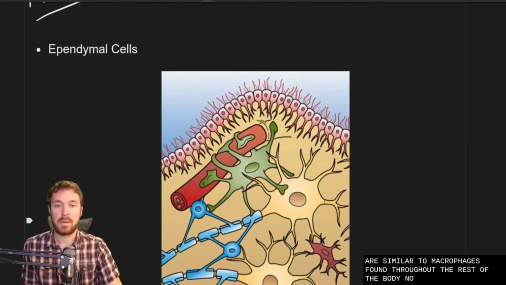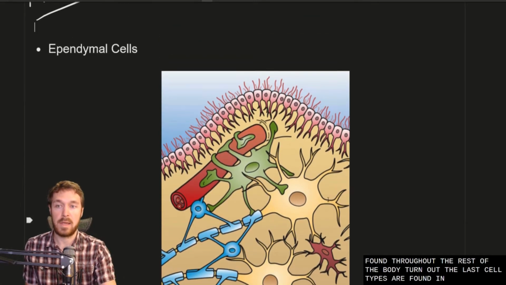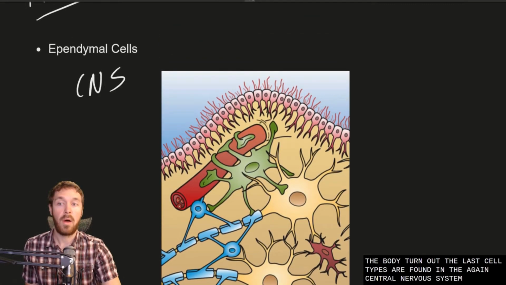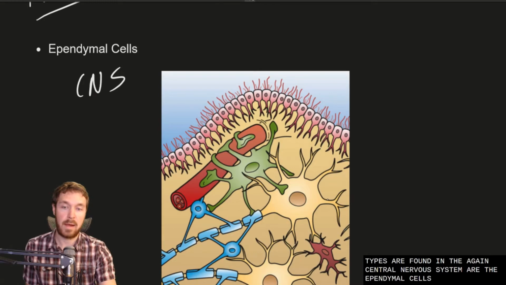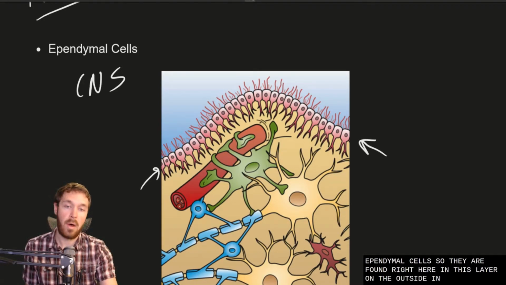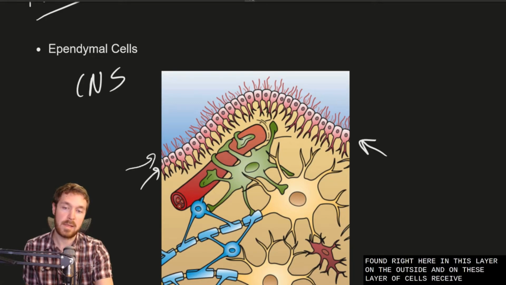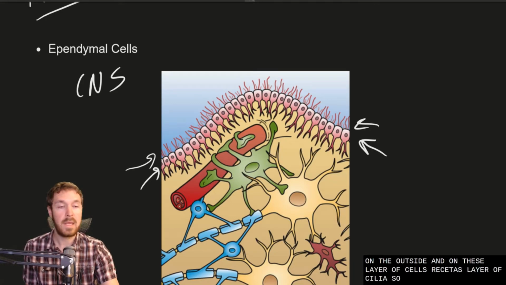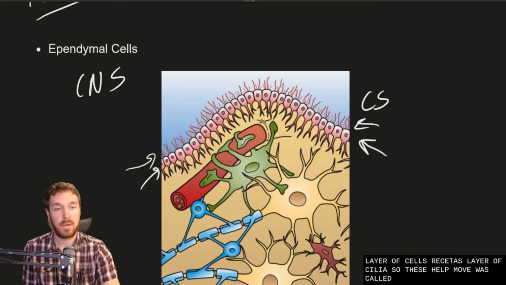So now, the last cell type found, again, in the central nervous system are the ependymal cells. So they are found right here in this layer on the outside. And on this layer of cells, we see this layer of cilia. So these help move what's called cerebrospinal fluid, or CSF.